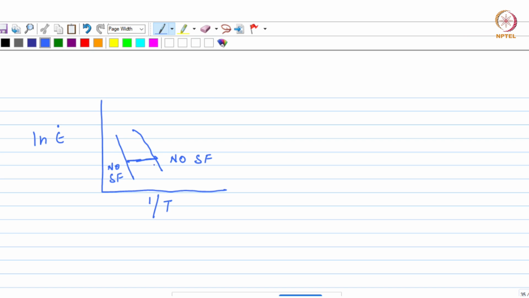And the first thing that we noted is that as we increase the temperature, it changes from A to B to C. Okay, as we increase the temperature, that is how the serrations change.